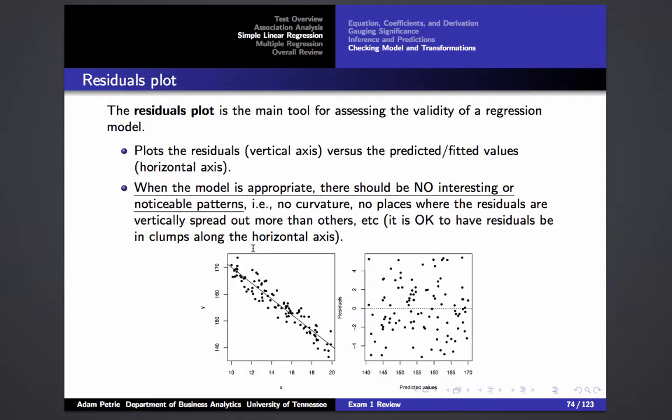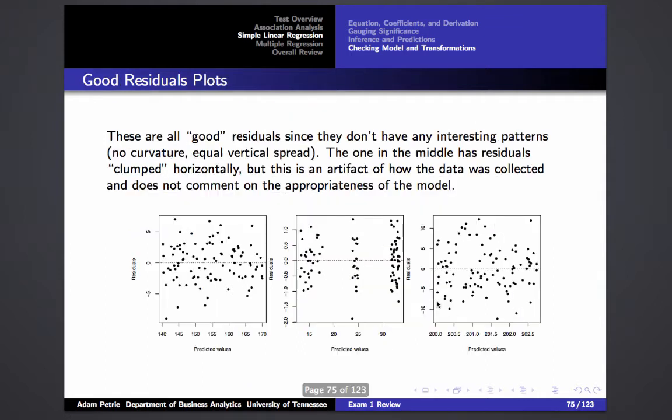So how do we visually check this? Well, we look at the residuals plot, the plot of the residuals versus the predicted values. So basically the error the regression makes versus the predicted value of y. A good residuals plot has no interesting patterns left over. Basically, all the interesting stuff about x and y is explained by the regression, so when we look at the leftover errors, there's nothing interesting.